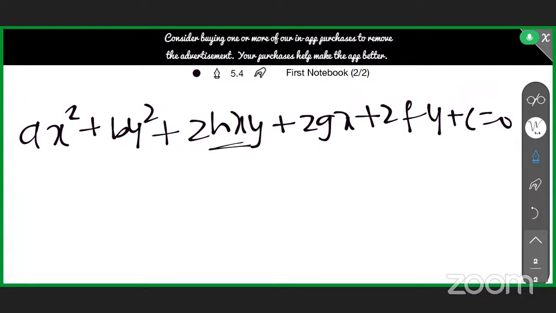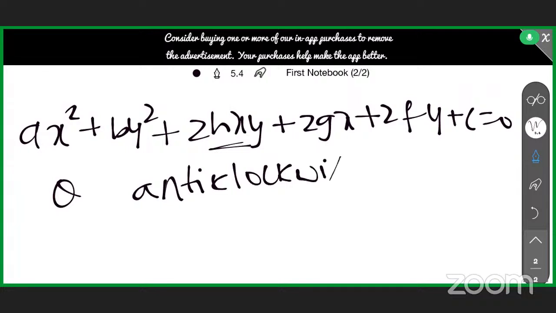So let theta be my angle of rotation, and let my angle of rotation be anti-clockwise.